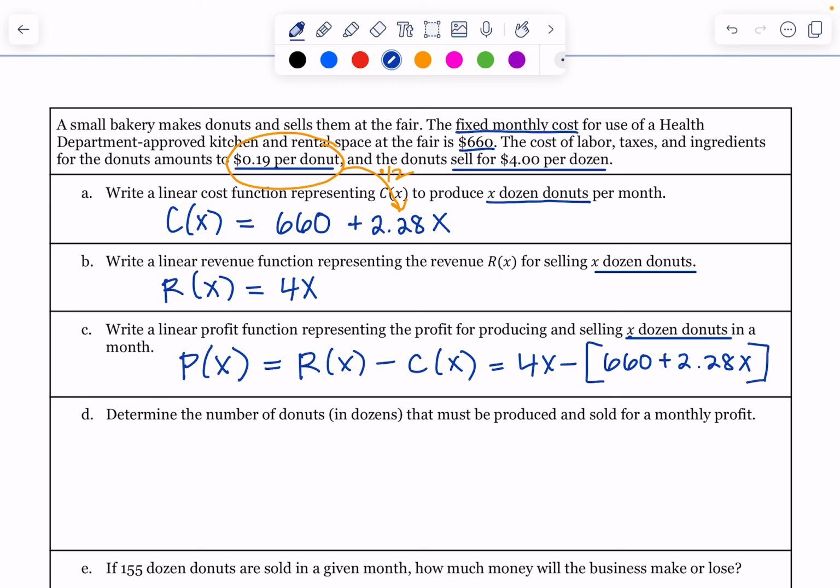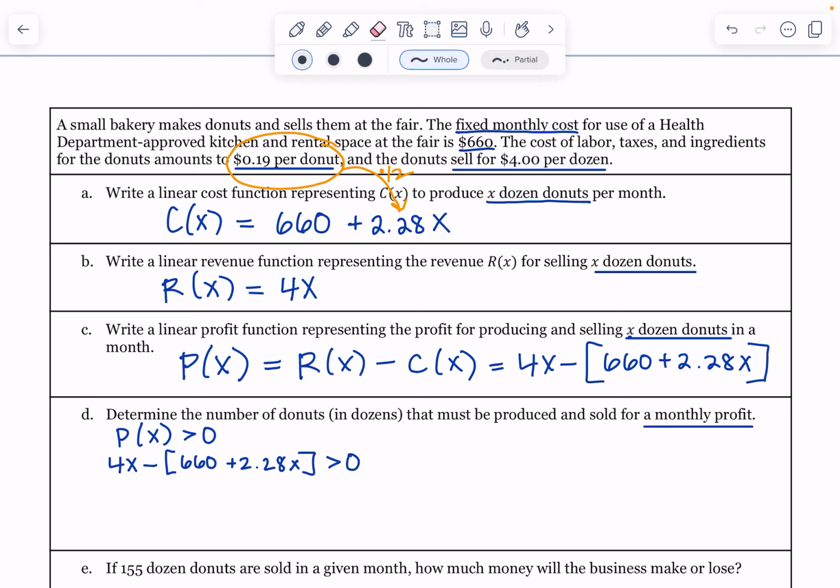Part D says to determine the number of donuts in dozens that must be produced and sold for a monthly profit. So we need a positive value here. We want P of x to be greater than 0. And it will be greater than 0 if, let's plug in 4x minus 660 plus 2.28x, and we want that to be greater than 0.